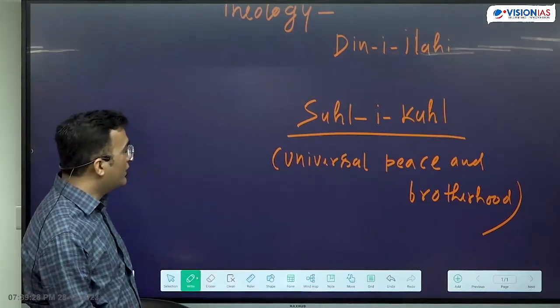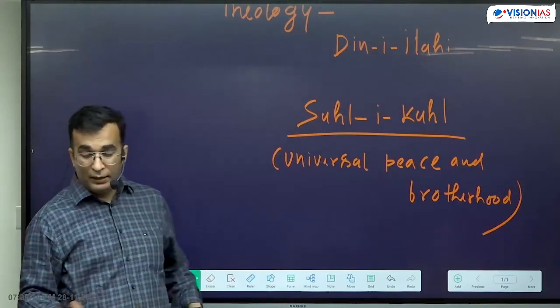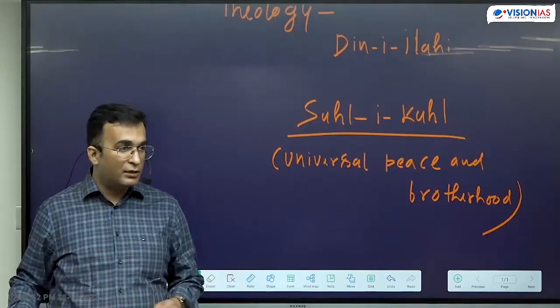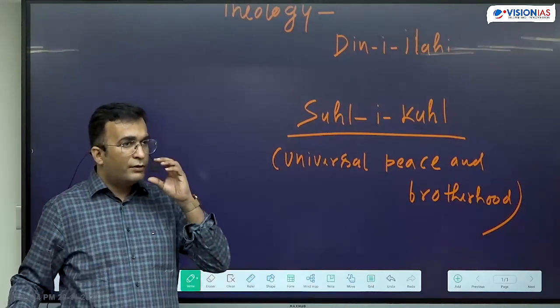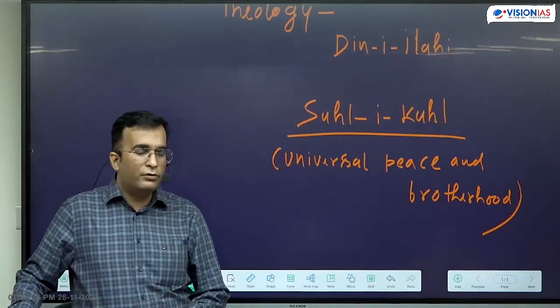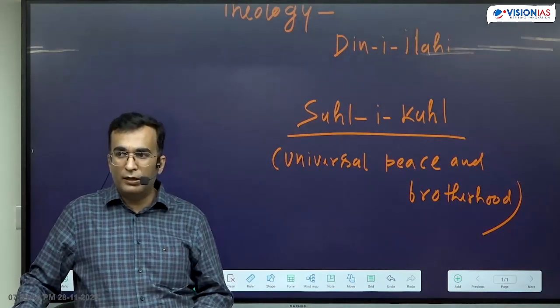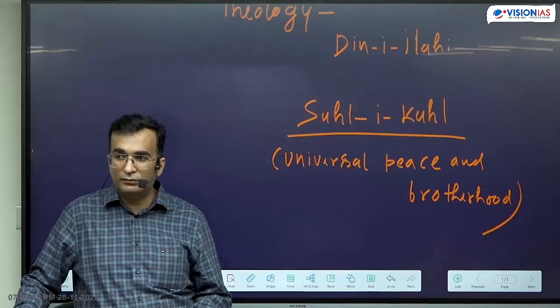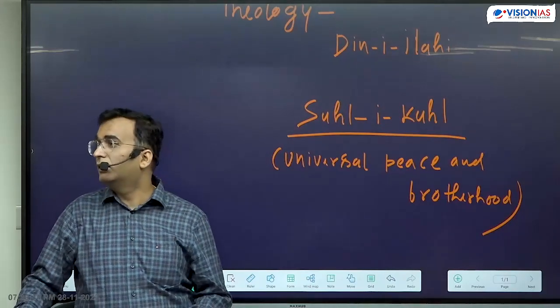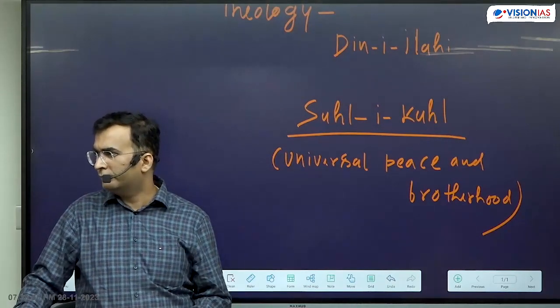So you know what has happened at this point of time. I'll tell you exactly why Akbar has gone in this direction. There was some discussion related to Darul Harb and Darul Islam. What does it mean?